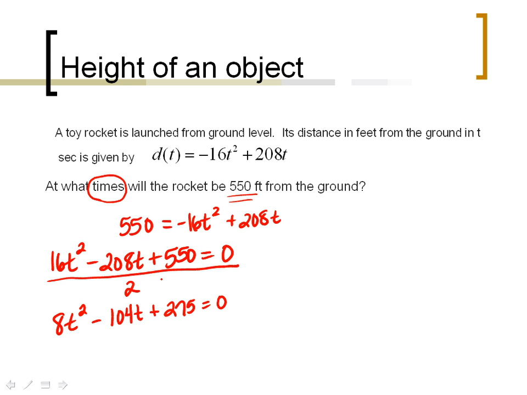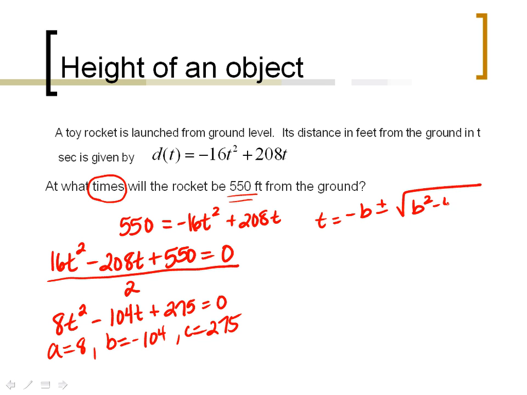So to use the quadratic formula, we're going to have to say that a is 8, b is negative 104, and c is 275. Okay, so remember the quadratic formula is the opposite of b, plus or minus the square root of b squared minus 4ac, all over 2a.